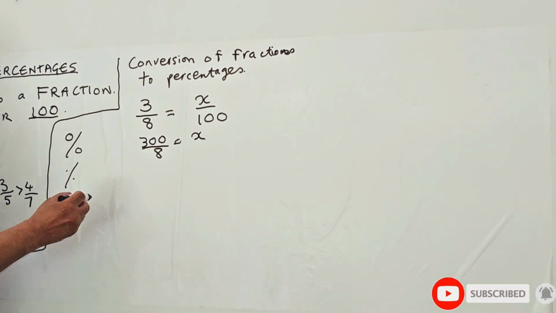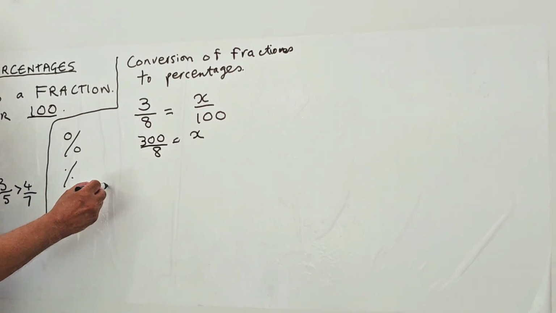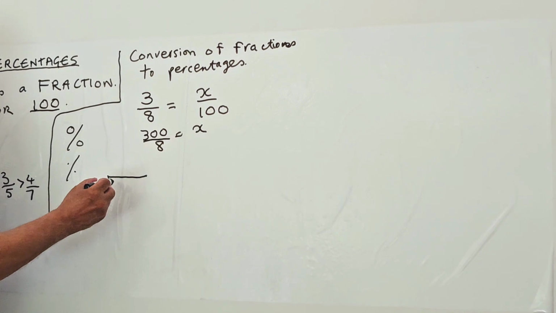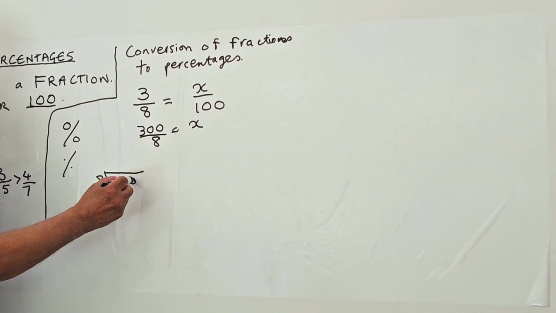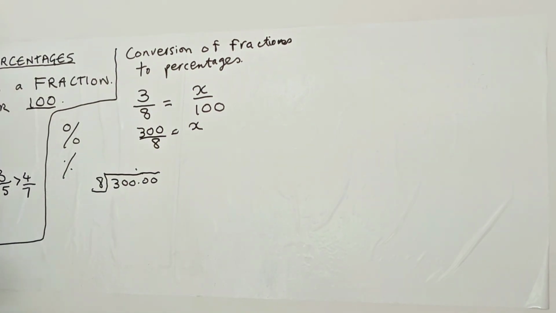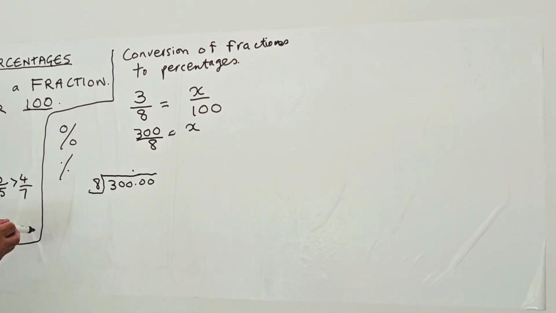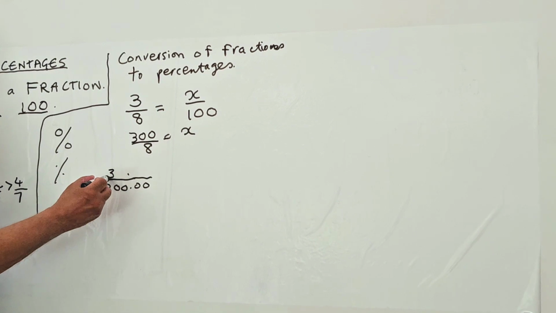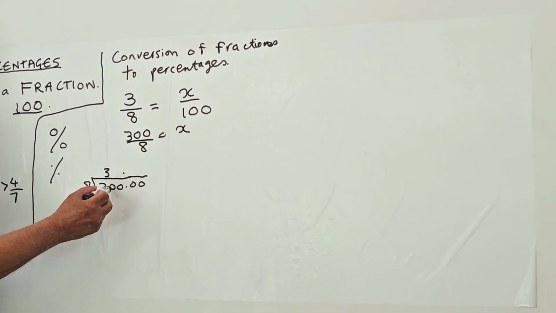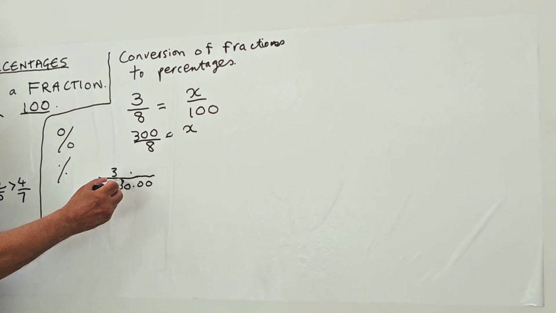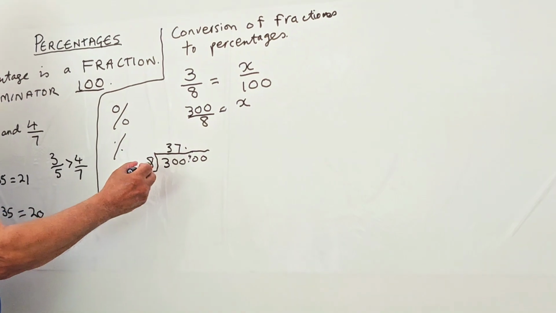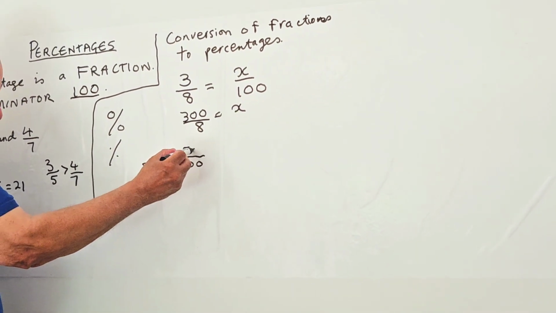And what does that become? 8 into 300. You can use a calculator for this, of course, because here the main object of the exercise is not to see if you can multiply and divide, but to get fractions. So anyway, we'll do this the long way. 8 into 30 goes 3 times, with 6 remainder. 8 into 60 goes 7 times. 7 8s are 56 with 4 remainder. 8 into 40 goes 5 times.